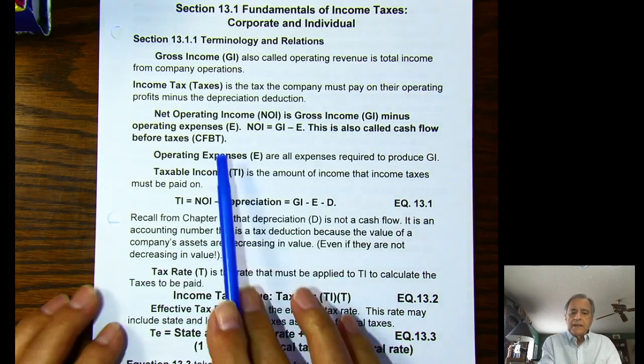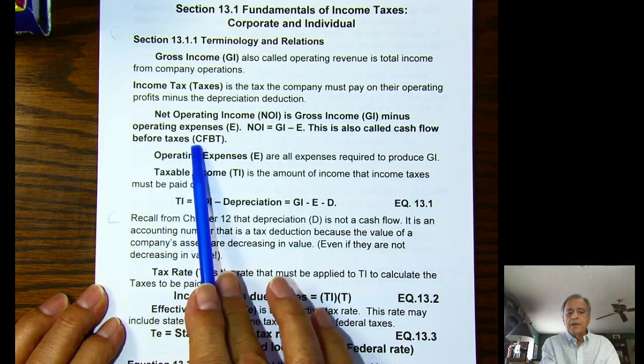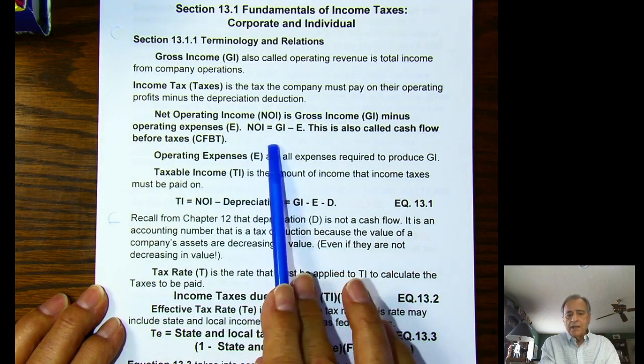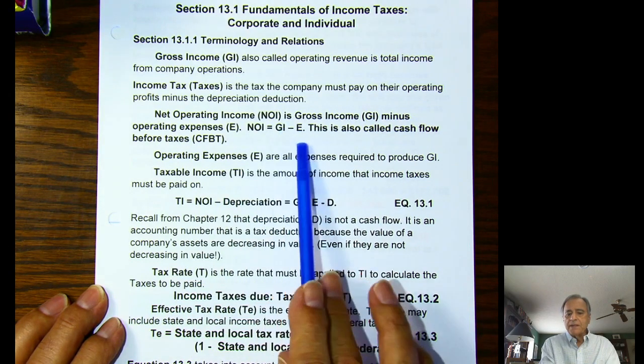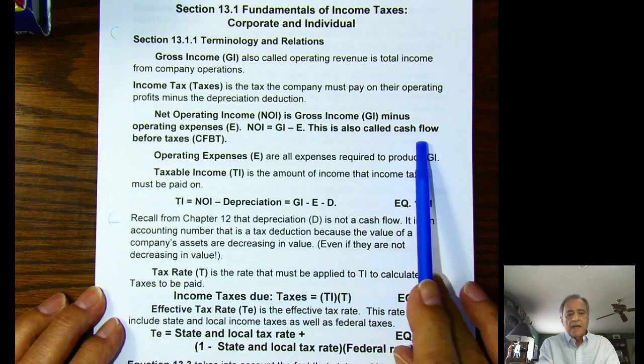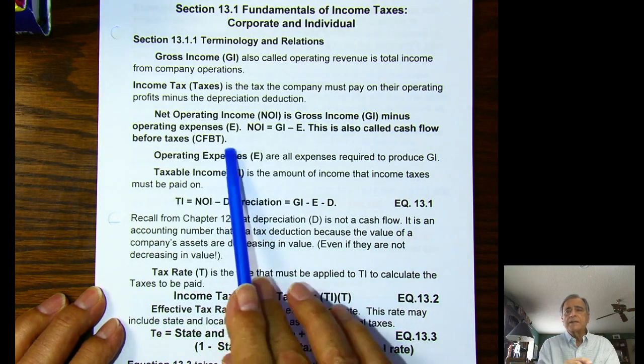Net operating income is gross income minus the operating expenses. NOI equals GI, gross income, minus operating expenses, E. This is called the cash flow before taxes, but we'll also define cash flow before taxes.